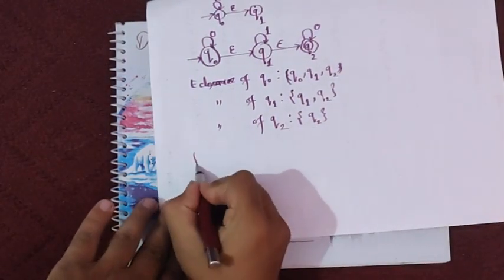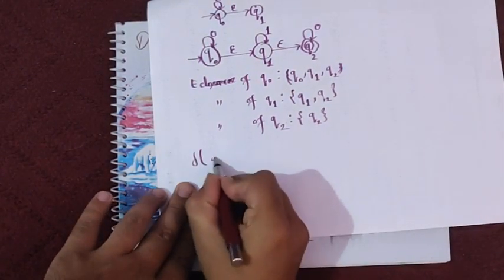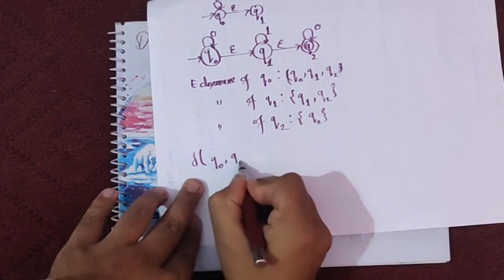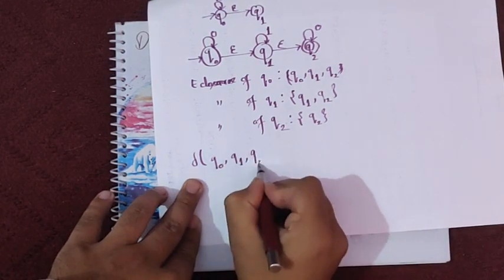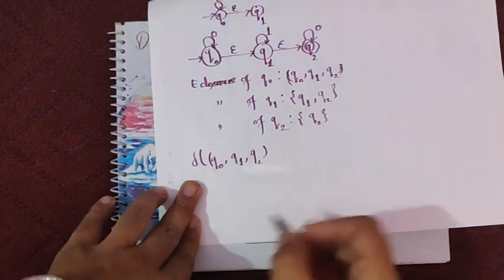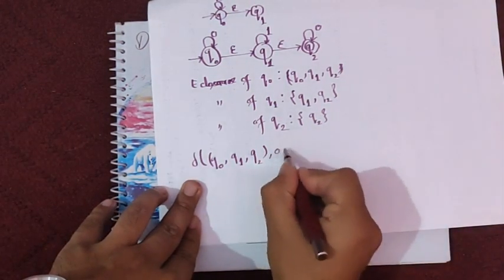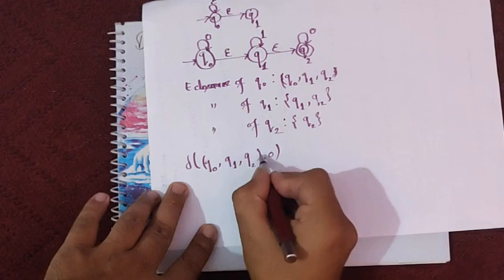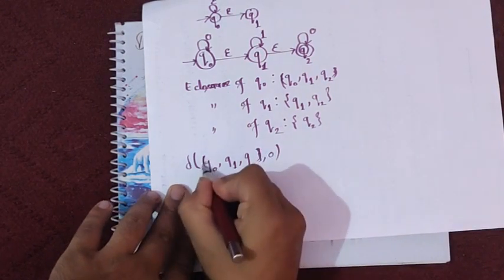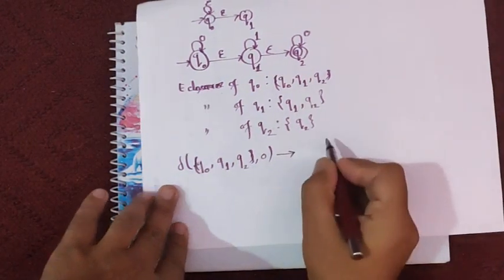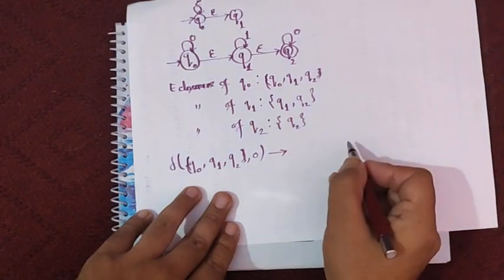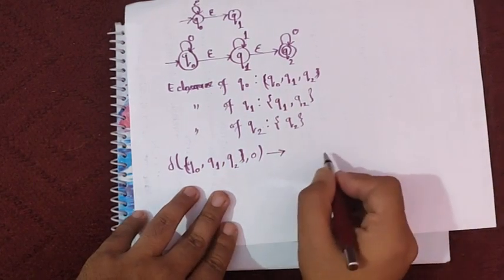So delta of {q0, q1, q2} on 0, where braces can be used. Since it is an Epsilon NFA, we have to use the epsilon closure.